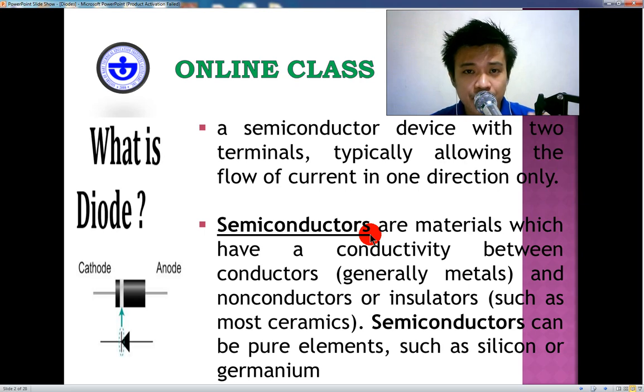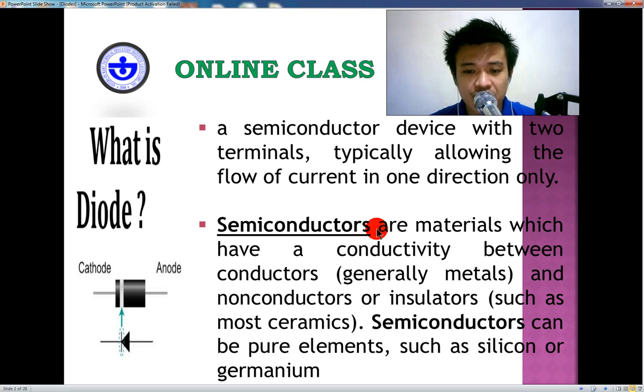And when it is in reverse bias in the circuit, it will act as an insulator. An insulator is a material that has a very high resistance that will not allow the current to flow, while a conductor is a material that has a very low resistance, allowing the electrons to travel, that is, to conduct current.